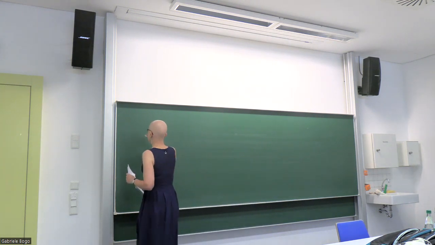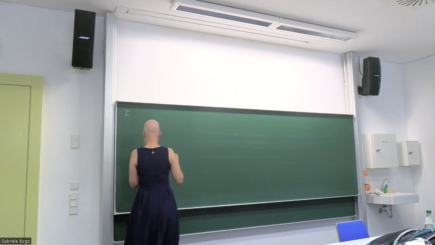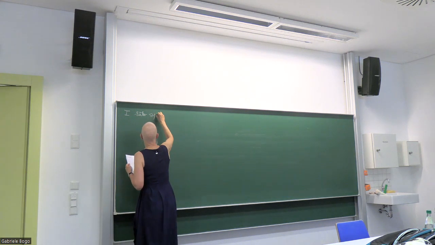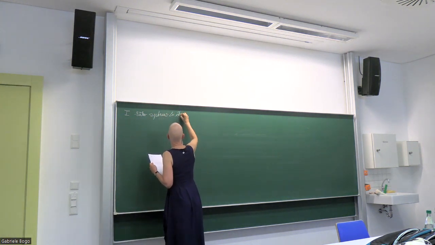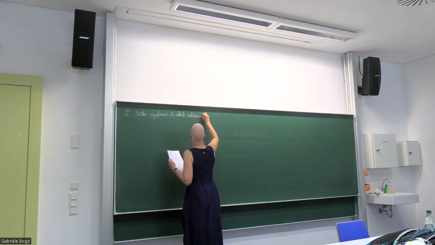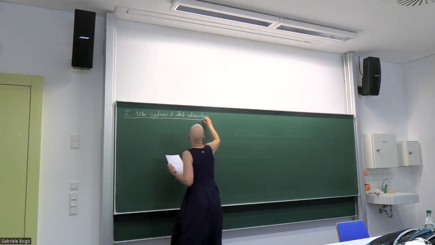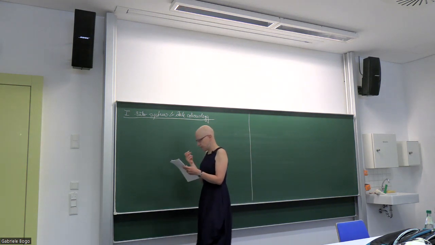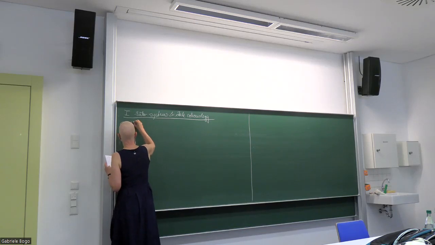Okay, so let me first say vaguely what an Euler system is. Euler systems and étale cohomology. Okay, so what is an Euler system? Well, we make the following definition.